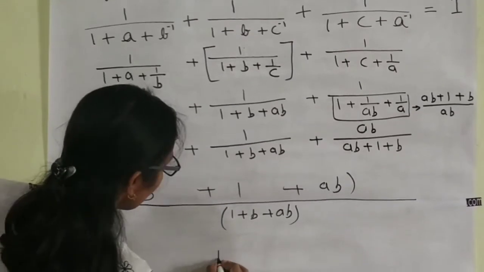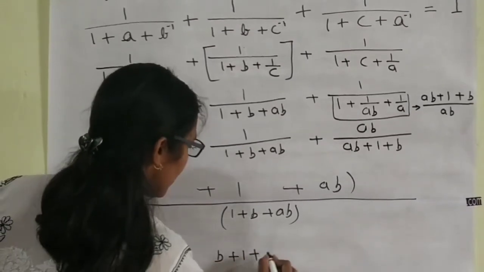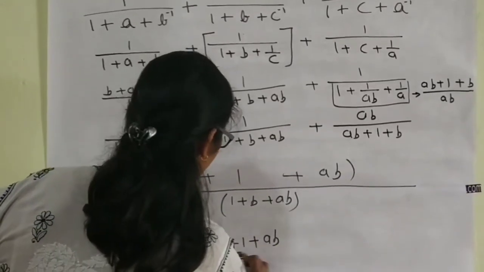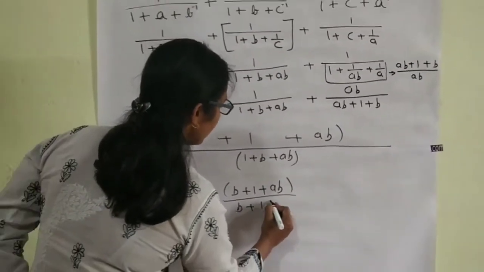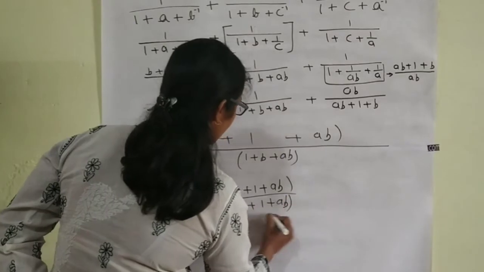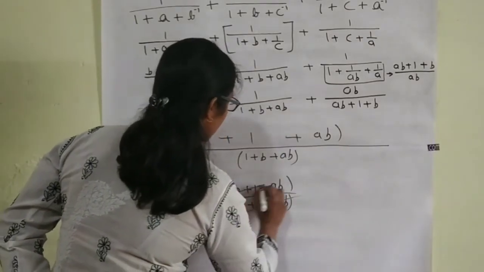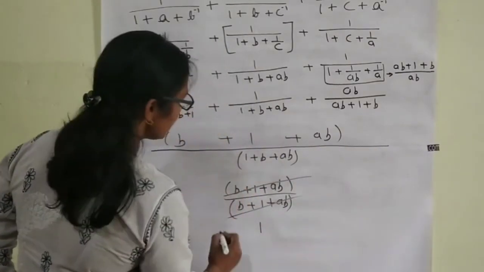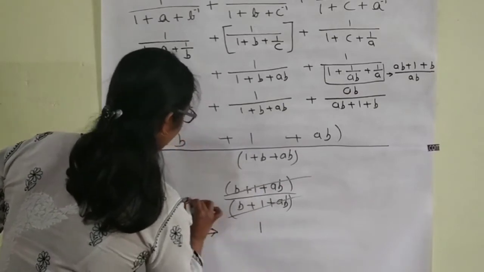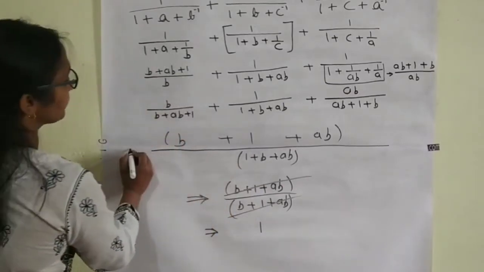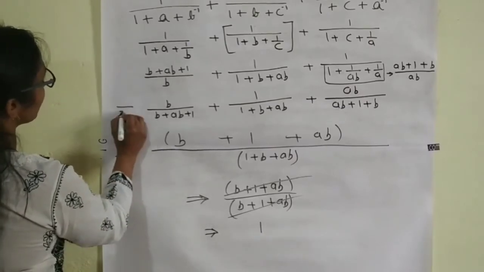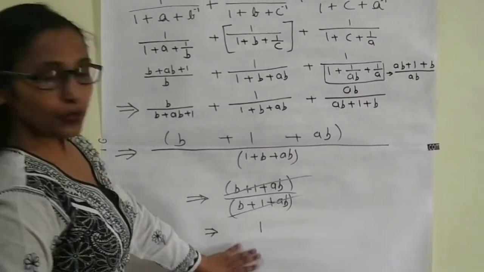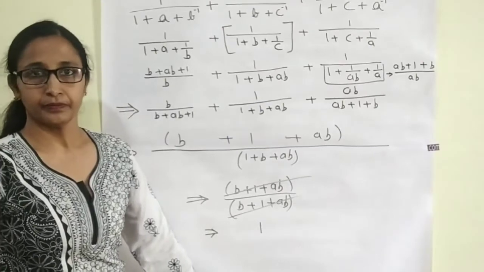It will become B plus 1 plus AB upon B plus 1 plus AB. So, the answer is 1. I think you understood this sum.